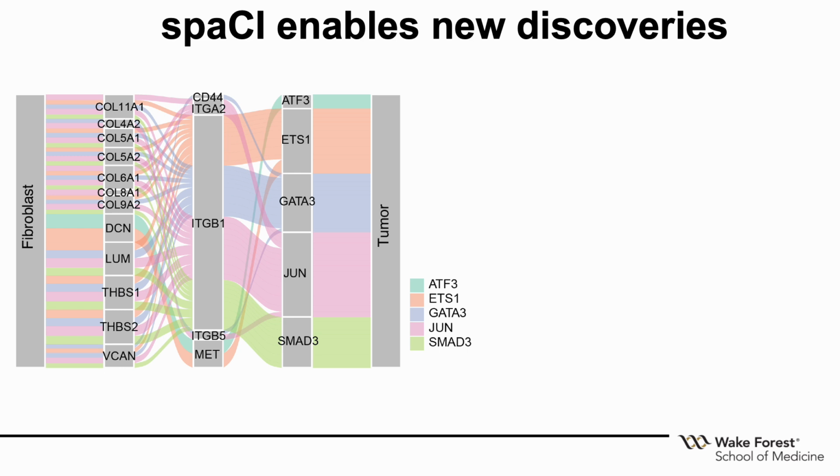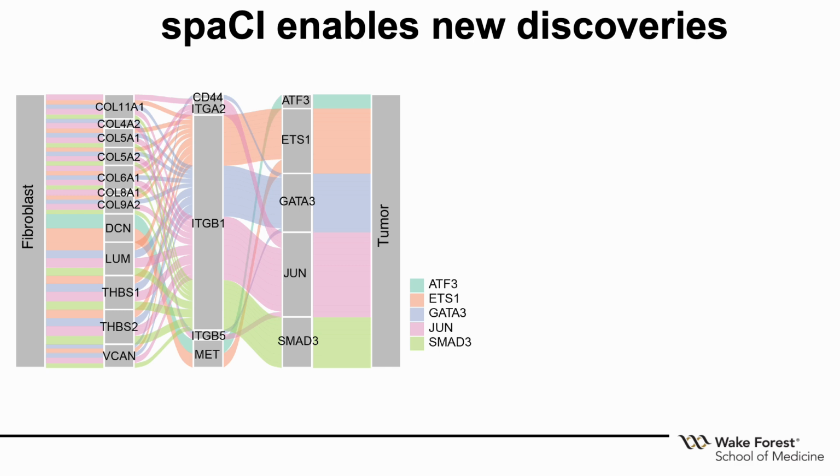Here, the second diagram presents the identified ligand, receptor, and transcription factor signaling axis, with the source, that is the fibroblasts expressing the ligands, and the receiver, that is the tumor cells expressing the receptors that were mediated by the upstream transcription factors in the tumor cells.